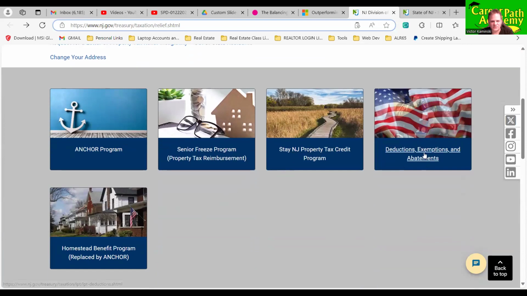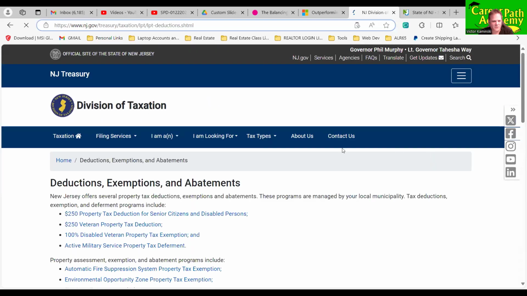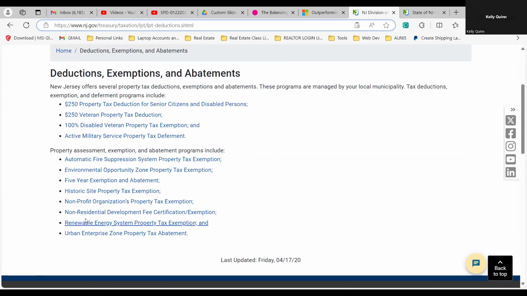So the state programs for various things, like if you have a property in a historic district, you're building in urban enterprise zones or using renewable energy systems, non-resident development fee certification exemption, nonprofits, tax abatements for building in urban areas.